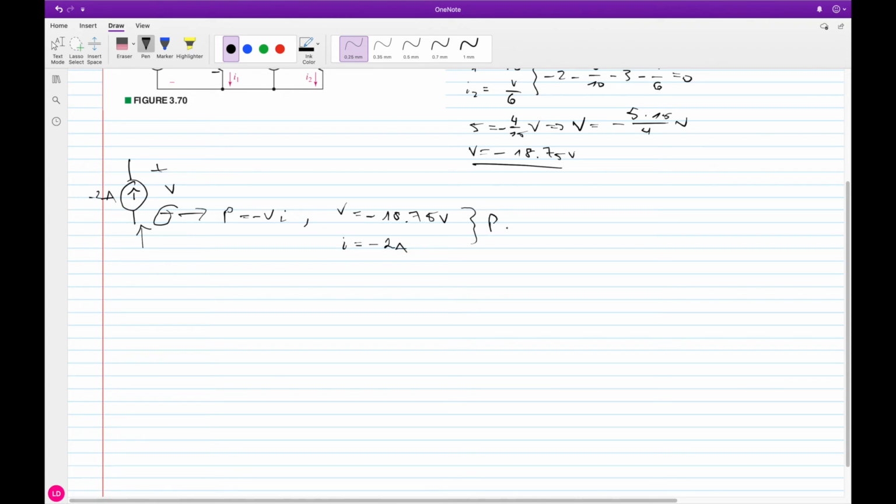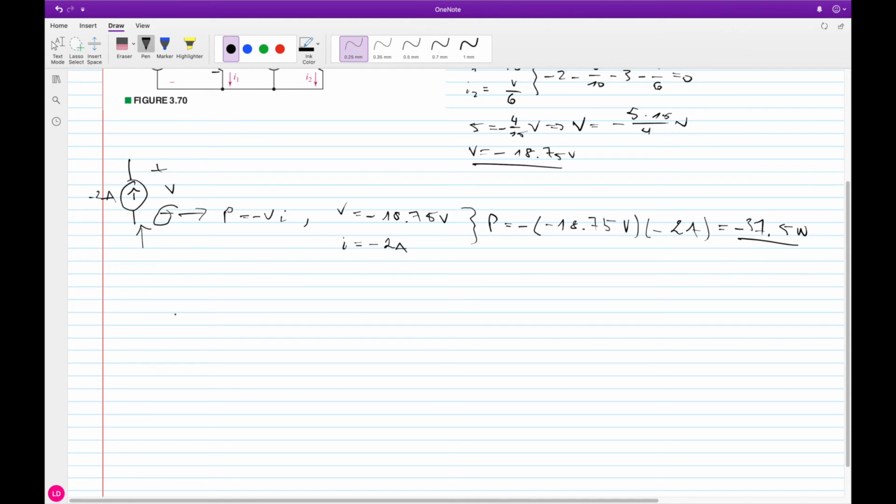With this, P should be equal to negative 18.75 volts times negative 2 amps, and that's negative 37.5 watts.